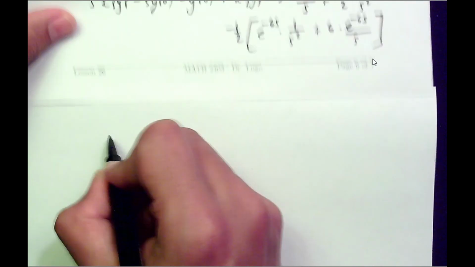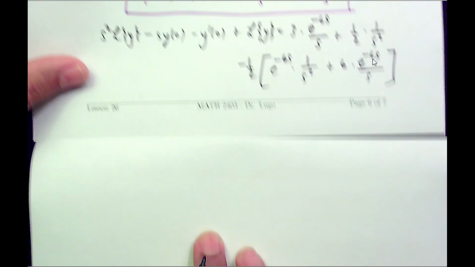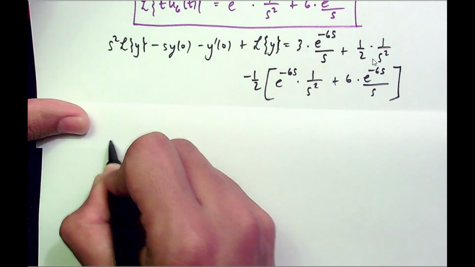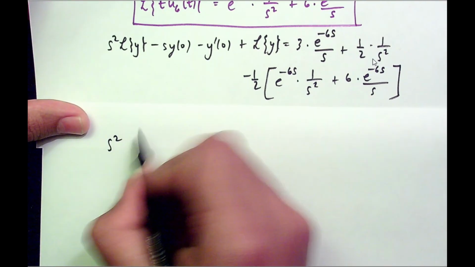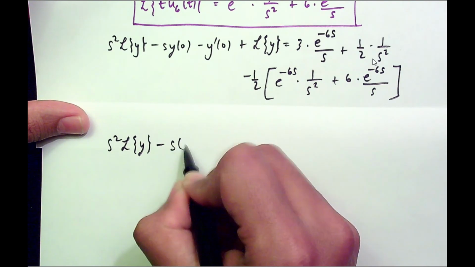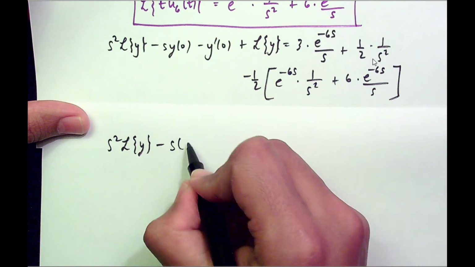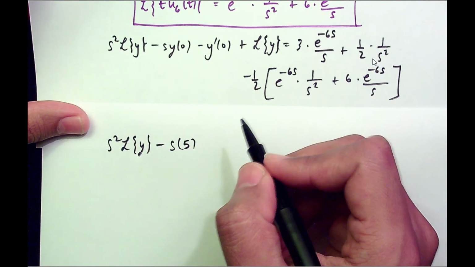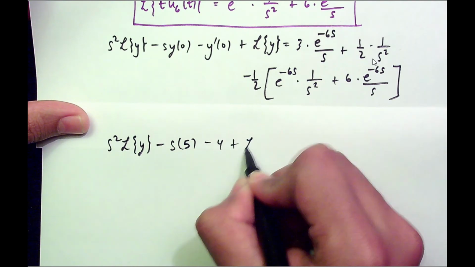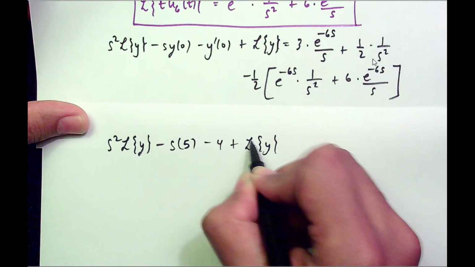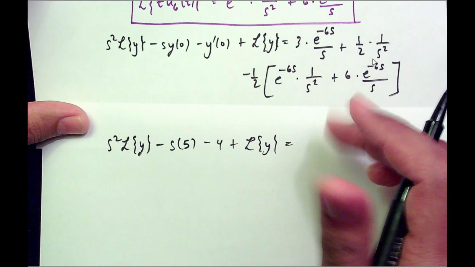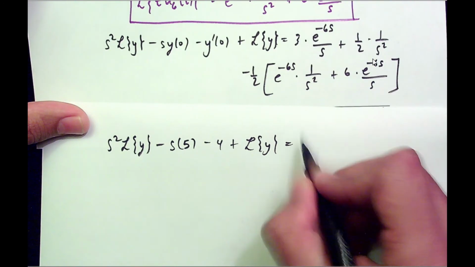This is going to be s squared times the Laplace transform of y minus s times 5 minus 4 plus the Laplace transform of y equals this thing. Well, I'm going to distribute that in the next step.